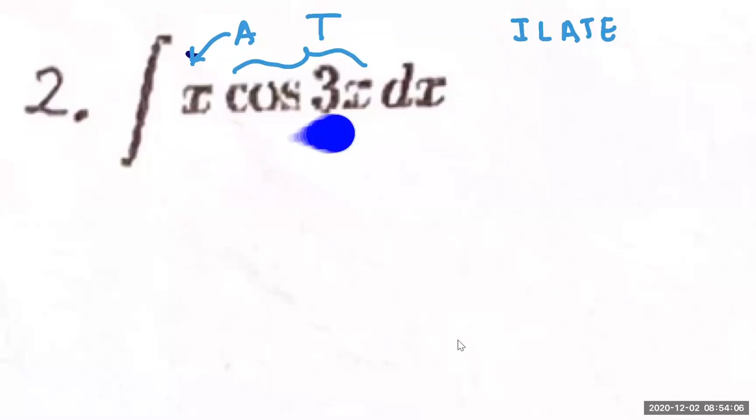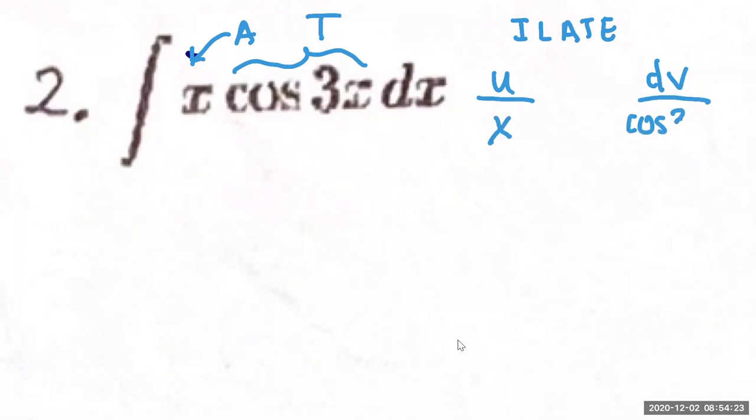The reason is that when you let u be your algebraic, in this case x, and dv be cosine of 3x, it works out nicely, because with each successive derivative of an algebraic, you reduce it down essentially to 0.